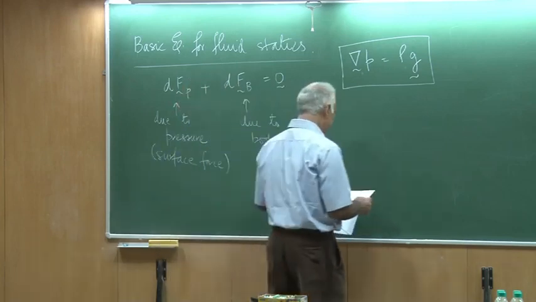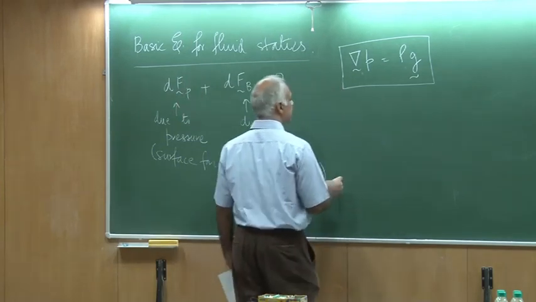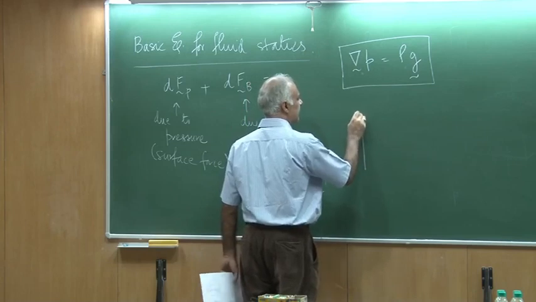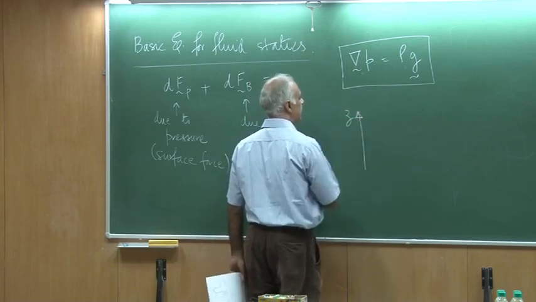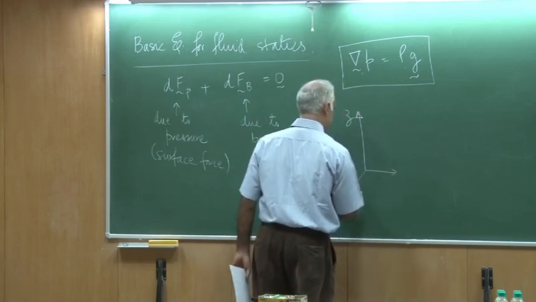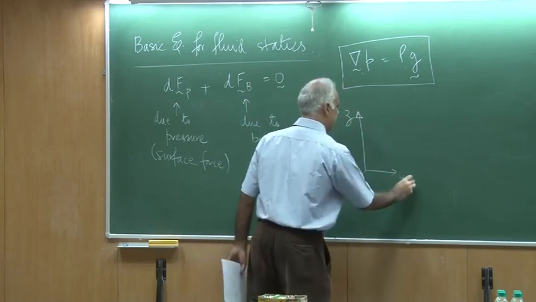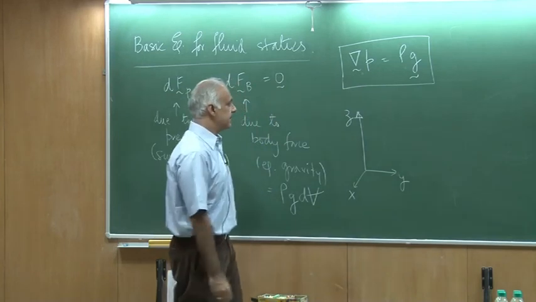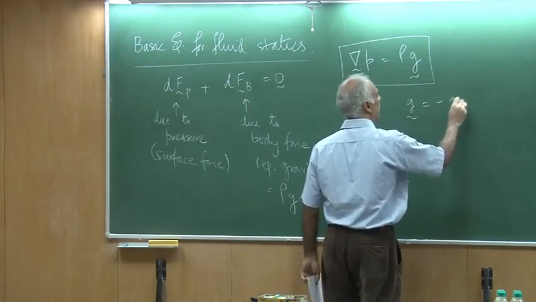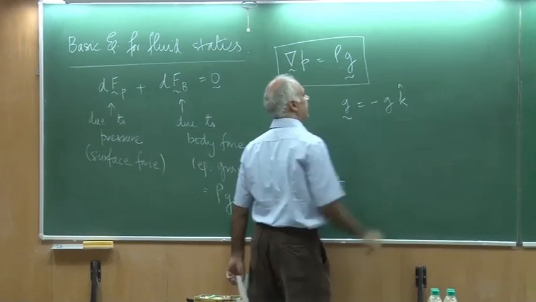We can now simplify this for a certain coordinate system. So suppose my coordinate system is that this is my z axis, this is my x axis, and this is my y axis, then g is minus g k.